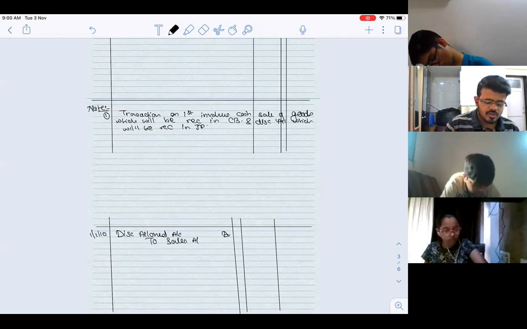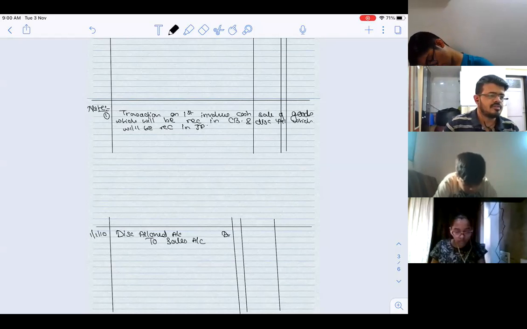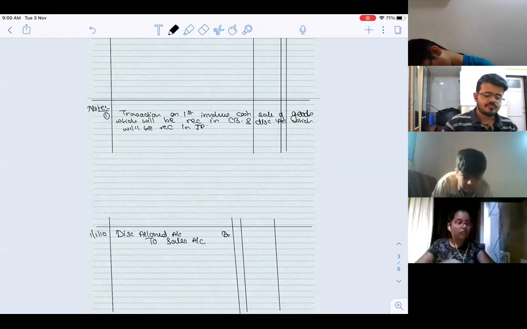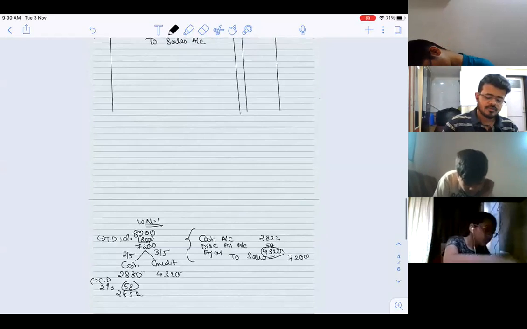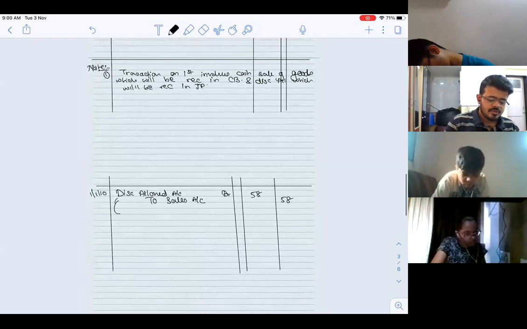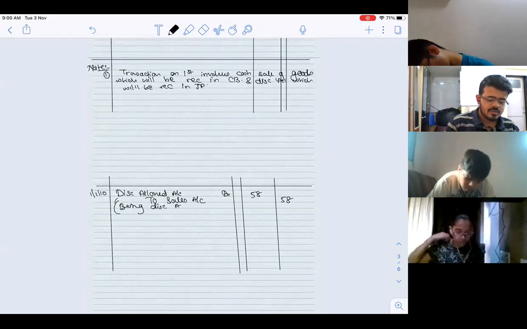This is how much? 58 rupees. This is how you do it. Being discount allowed.